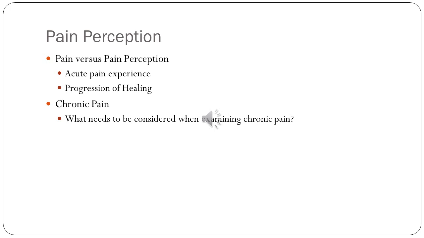Now, as the healing process occurs, you gradually start to decrease your pain. However, if for whatever reason persistent pain lingers, ideally throughout the healing progression pain starts to decrease.